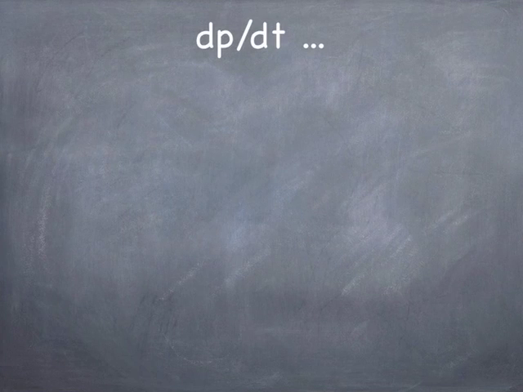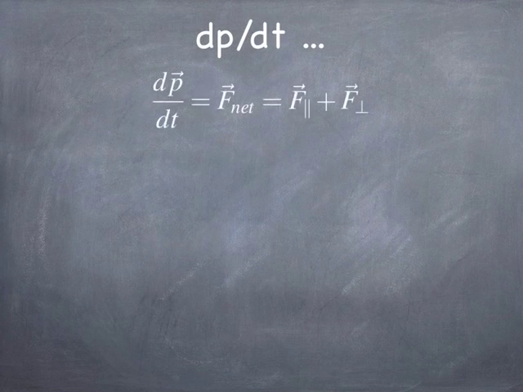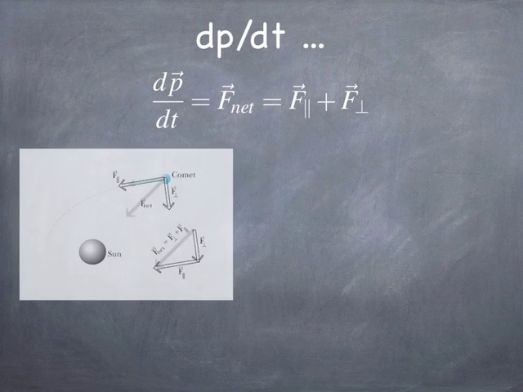Now let's take that and put it back in. First of all, I want to remind you of the momentum principle, that dp/dt is the net force. You can think of resolving the net force into the parallel and perpendicular components of the force. So for example, if you have some comet moving around a star, the net force, of course, is gravitational, and you can always resolve the net force into the parallel and perpendicular components, parallel and perpendicular to the instantaneous momentum of the comet.